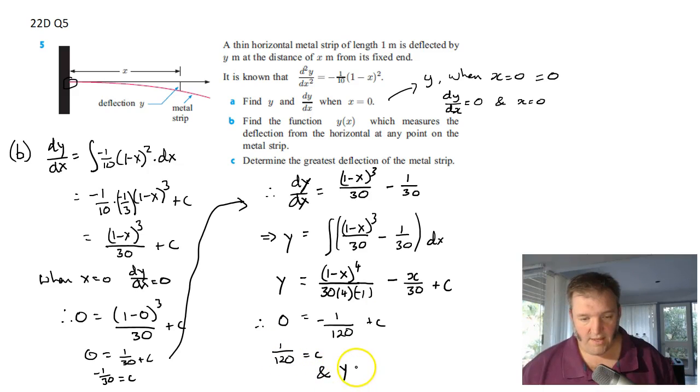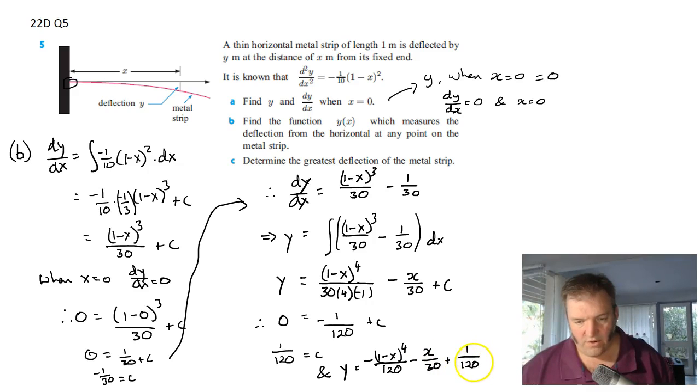And y is equal to negative 1 minus x to the power of 4, divided by 120, minus x over 30, plus 1 over 120. And there you have it.